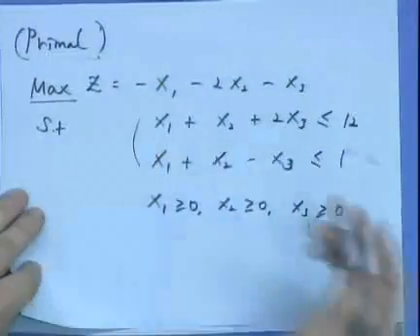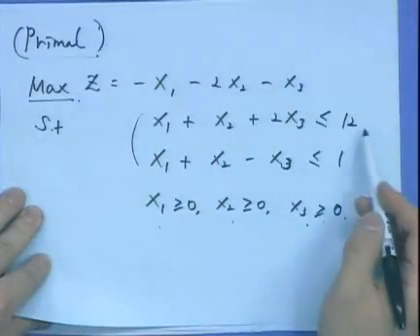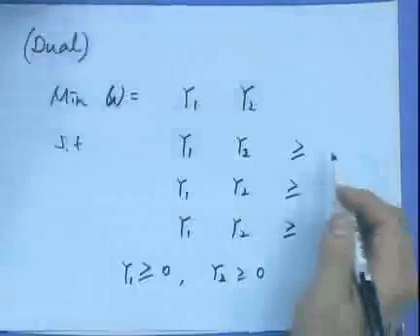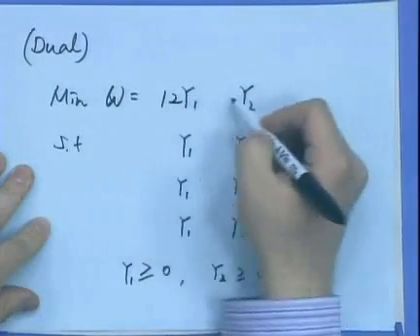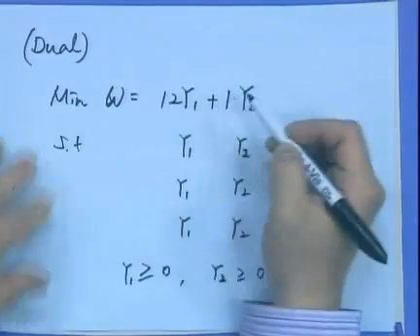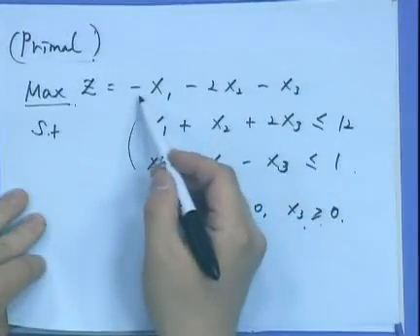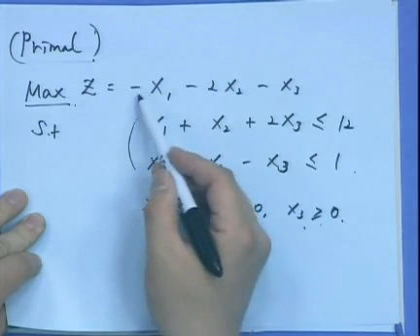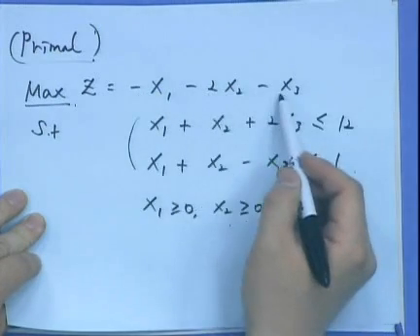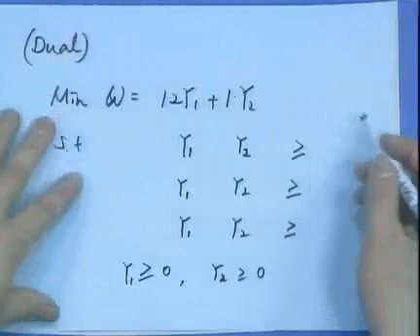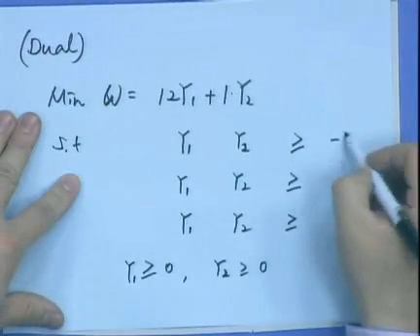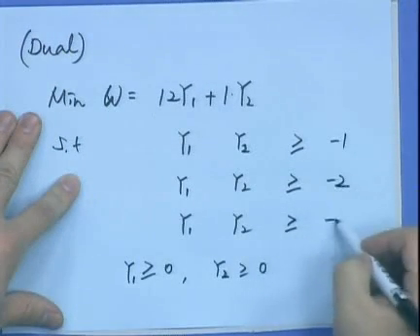In the primal problem, the right-hand side values 12 and 1 become the objective coefficients. And the objective coefficients in the primal problem, -1, -2, and -1, become the right-hand side values in the dual problem.